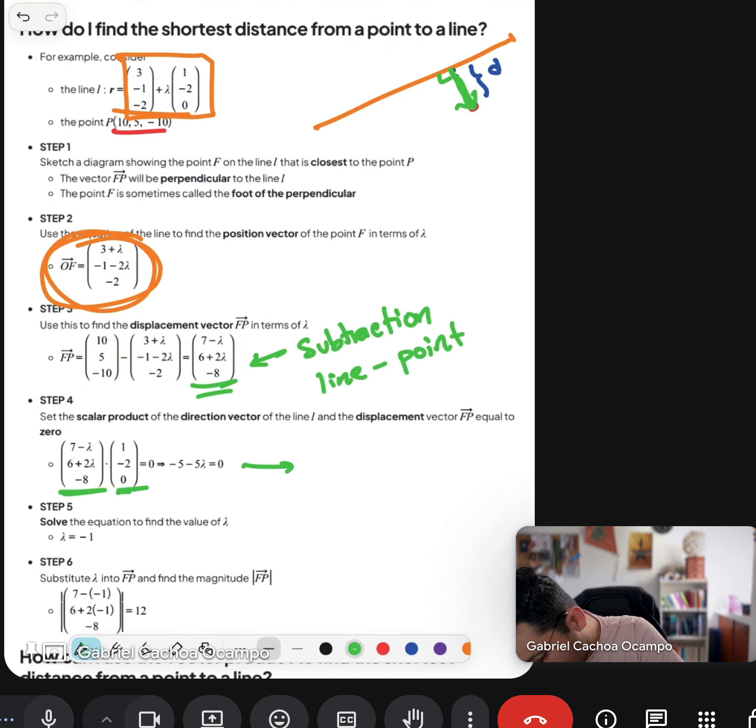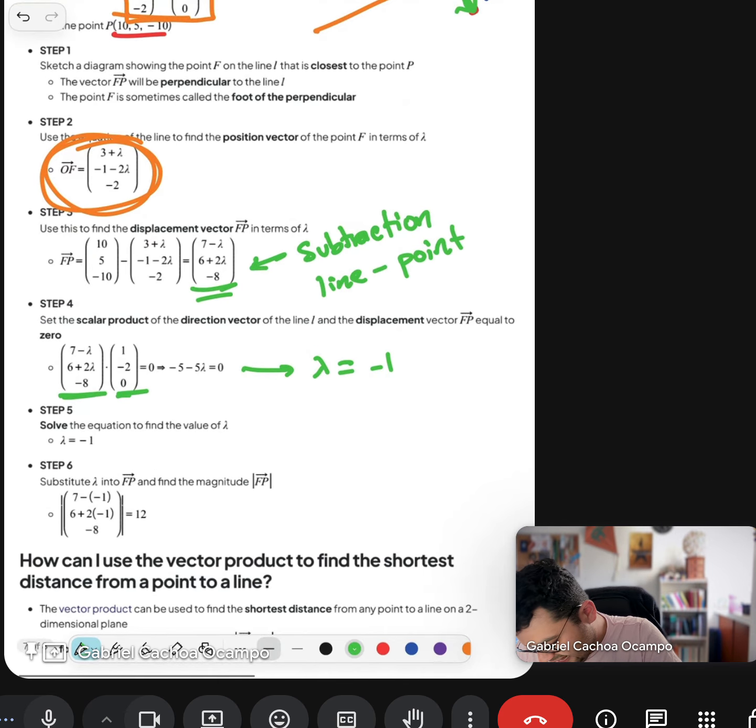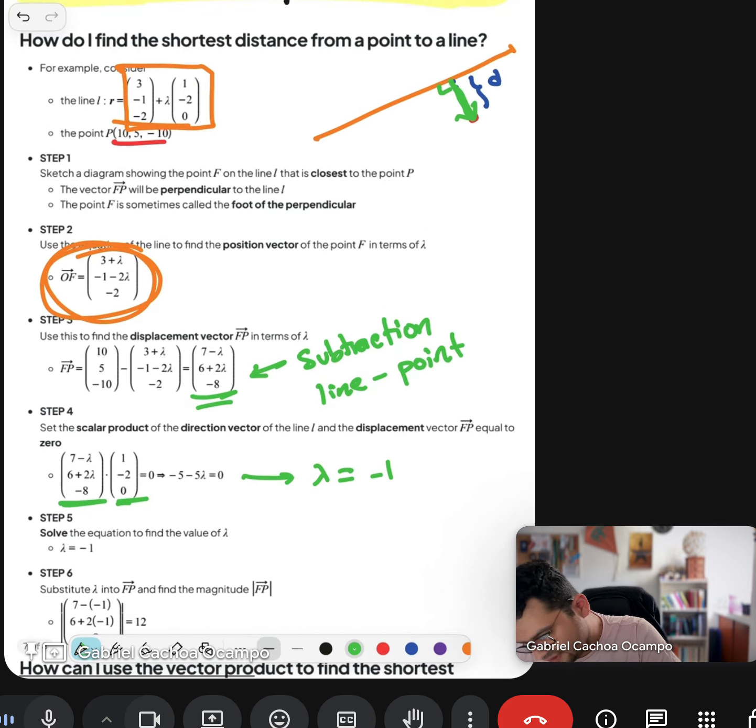From here, I solve for lambda. Once I have found that, that will give me how far away the point P is.